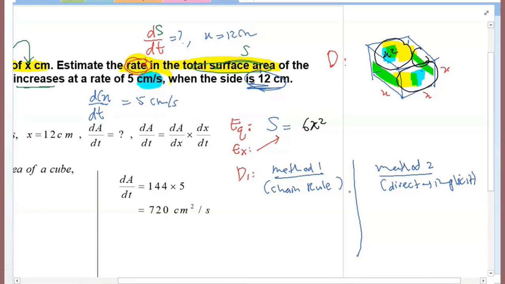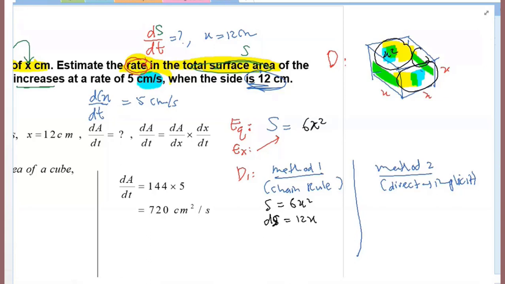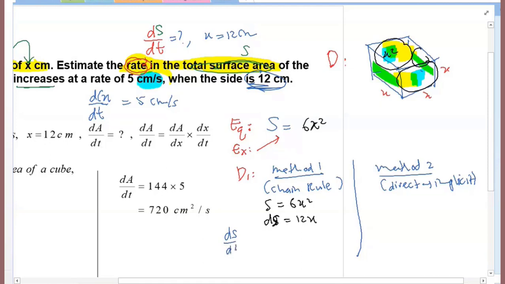Okay, so S is equal to 6x squared. So ds/dx is 12x. Using the chain rule to find ds/dt, ds/dt is equal to ds/dx times dx/dt.